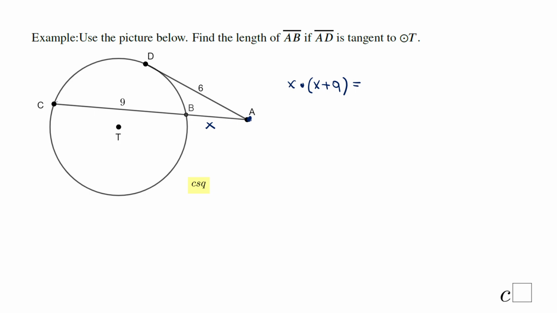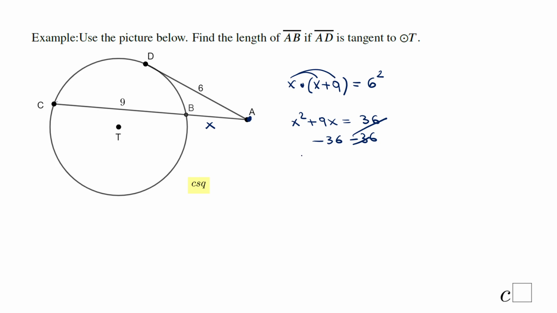Now from here, AD, but don't forget to put square, right? Because it's AD squared. So we have an equation, a quadratic equation in x. I'll use distributive property here. x squared plus 9x equals 36. I'll subtract 36 to make it a 0 on the other side.